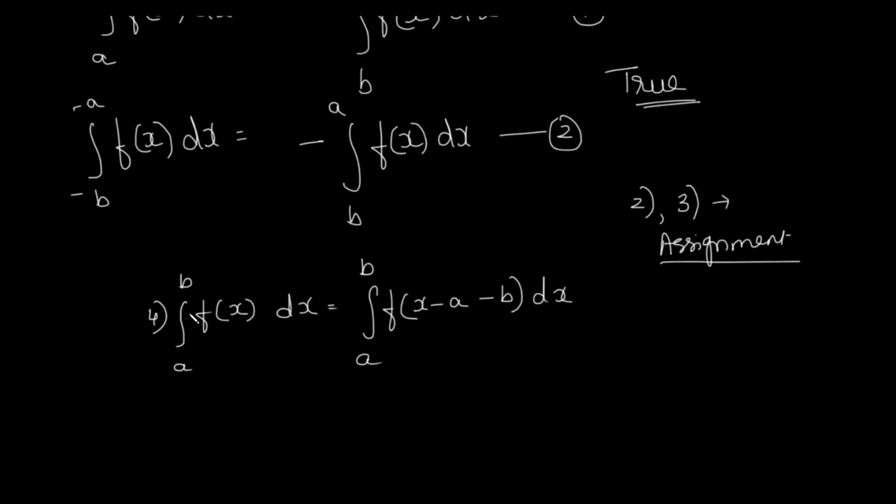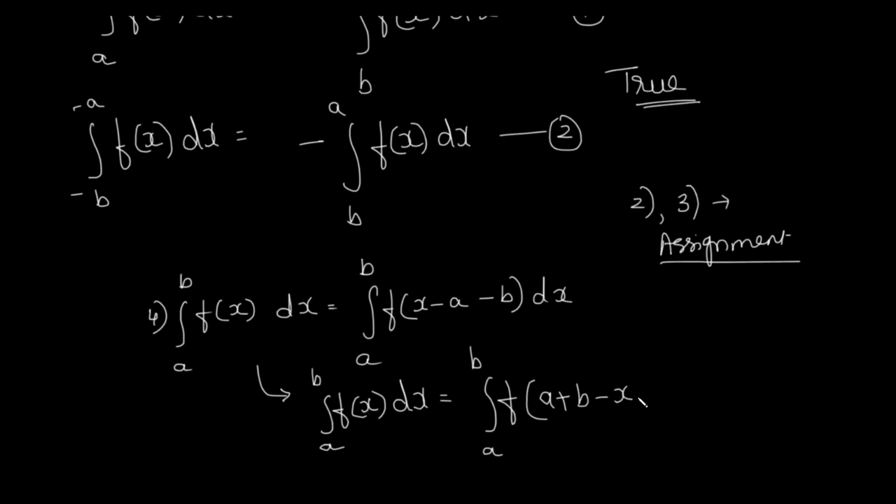Now, what about the fourth sum? In the fourth sum, they have given integral a to b f(x) dx is equal to integral a to b f of (x minus a minus b) dx. Now, over here, according to a particular property, we have integral a to b f(x) dx, which can be written as integral a to b f of (a plus b minus x) dx.